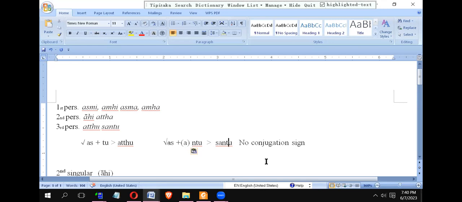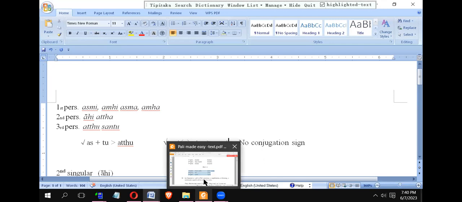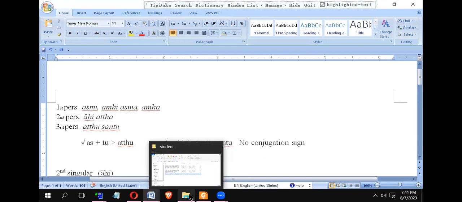Okay, next question, I think from Brother Ko, right? Yes. Just now you mentioned about the second person singular, the long and the short. What is the purpose of having the long and the short? One is the short form, one is the long form. Is there any specific purpose?